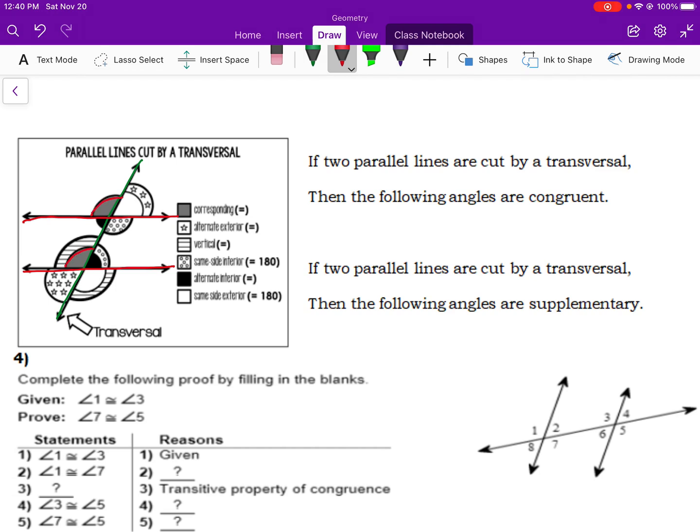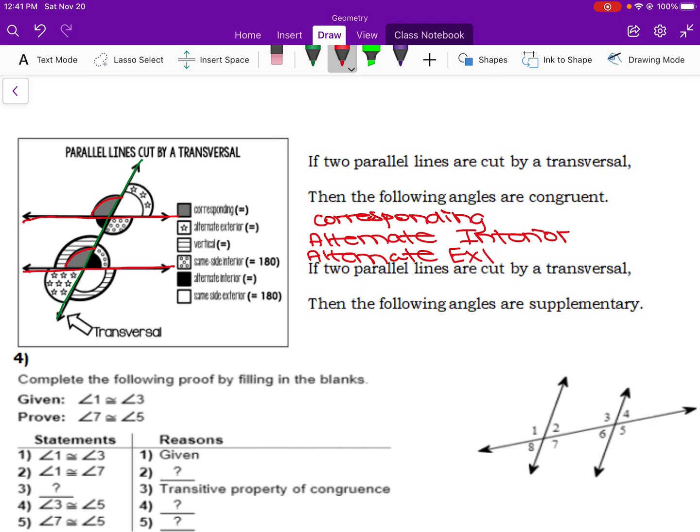Notice that these gray angles, those would be corresponding. So we could list that corresponding angles are congruent. In this dynamic, we also know that alternate interior angles are congruent. Alternate interior. We also know that alternate exterior angles are congruent.